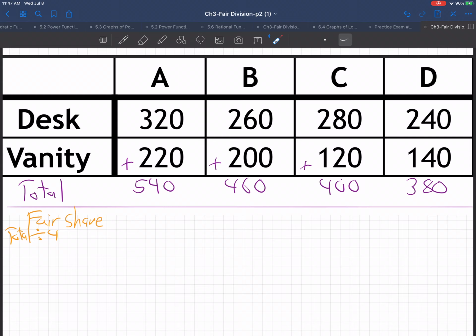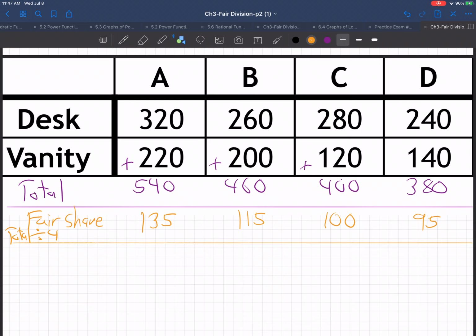And I'm getting 135. And the next one is going to be 460 divided by 4. 115. And 400 divided by 4, that's easy, 100. And 380 divided by 4, I'm getting 95. Okay, so there are the fair share numbers for each of the people.